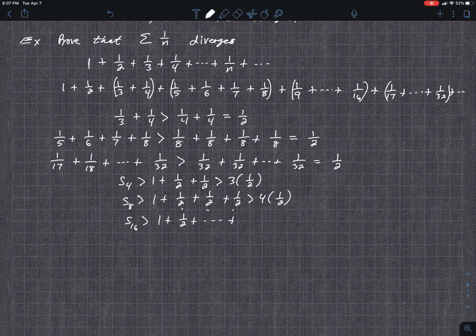Okay, and then S sub 16, similarly, you have 1 plus a half, that many times up to a half, which is greater than 5 times a half.